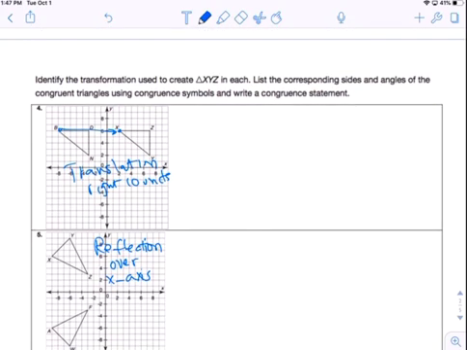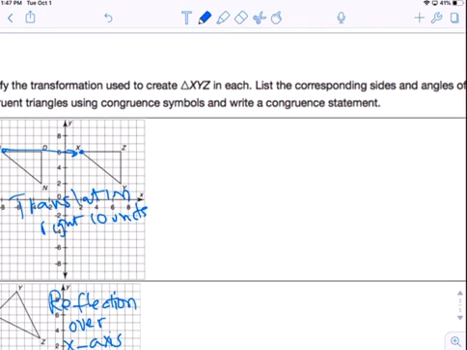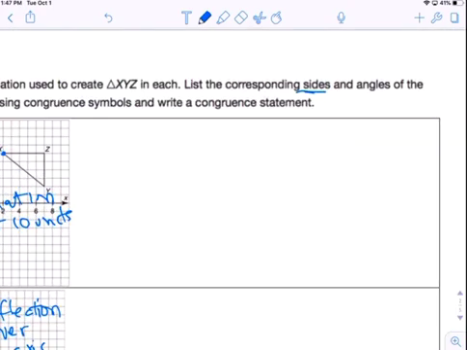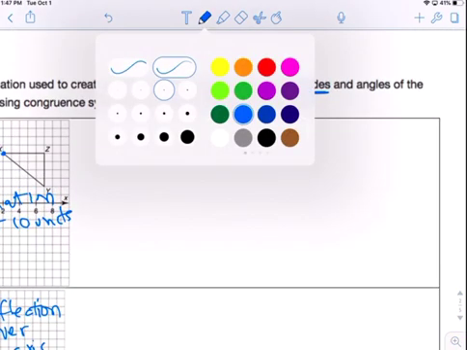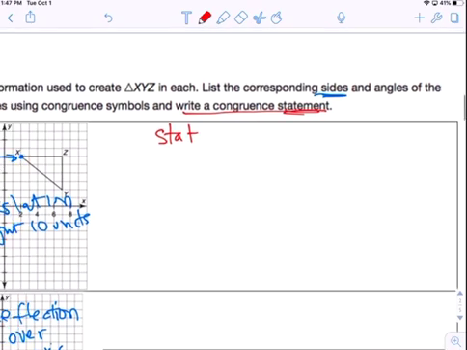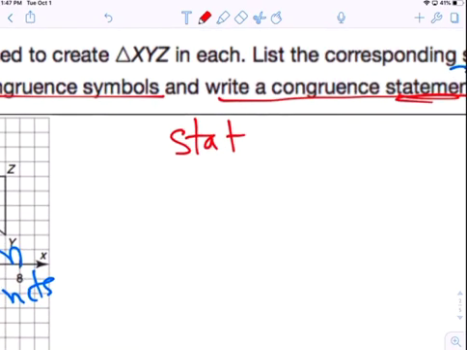So the other part is to list the corresponding sides and angles of the congruent triangle. They also want you to write a congruent statement. So let's do the statement first using congruent symbols.